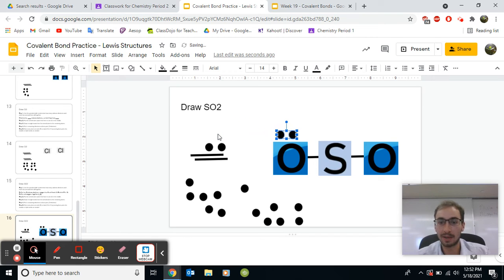So I'm going to start putting lone pairs on these atoms. I'm going to try and use all 14. I did not give you enough lone pairs, so you do have to copy and paste to make it work. Try and get them all spread out and get all the octets that they need.